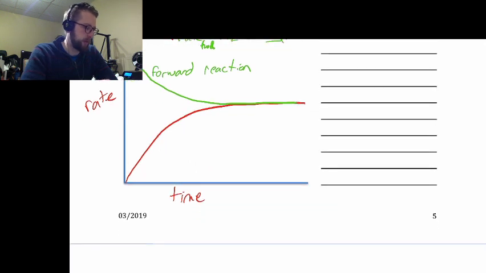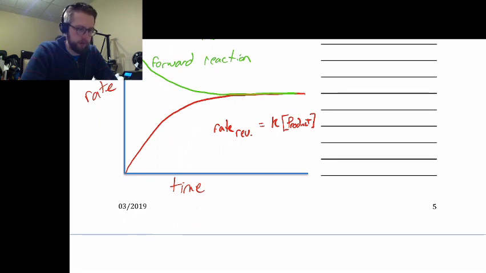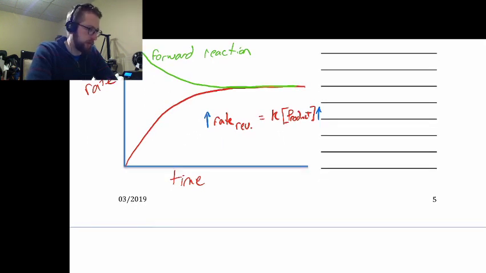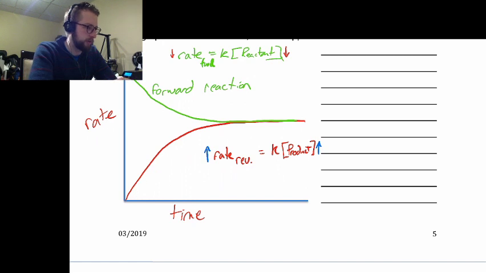If we do the other plot, which is the rate of the reverse reaction, equal to k times the product, well, as the reaction proceeds, the amount of product is increasing, and so we find that the rate is increasing. That's what we're seeing here: an increase of the rate with the increasing amount of product that's formed, and the other one is the decrease in rate as the amount of reactant is consumed.